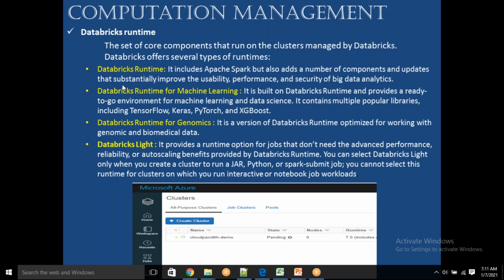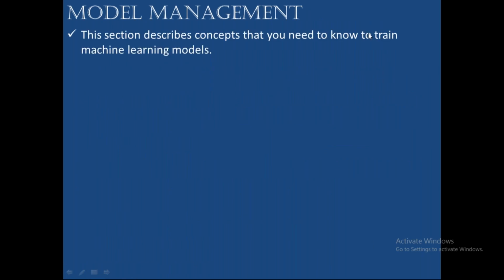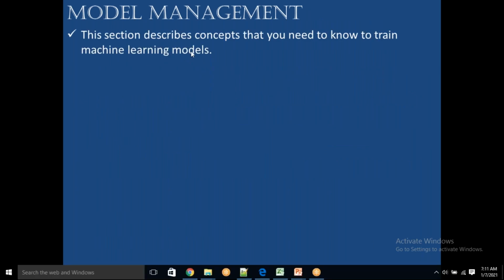Let me move on now. Model management. Do not worry much about this model management. This section describes the concepts you need to know to train a machine learning model. First, as I mentioned, you need historical data: whom you have given a loan, who has paid, who has not paid.